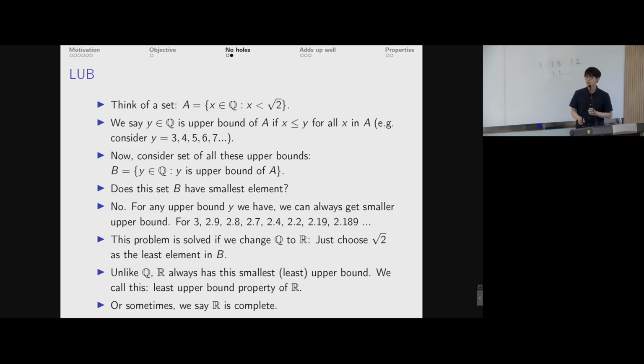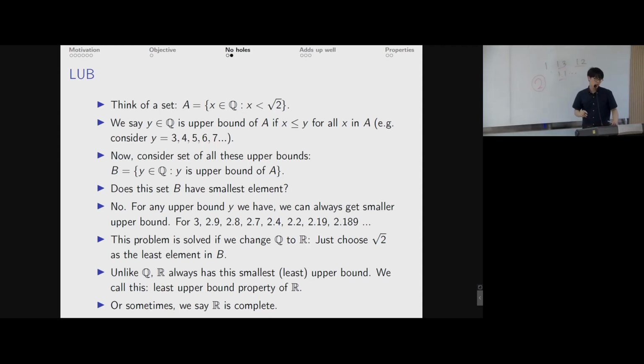So consider a number like 2. Let me just write here. So a number like 2, you can kind of see, remember the numbers that I just plotted here, like 1, 1.3, 1.2, 1.1.